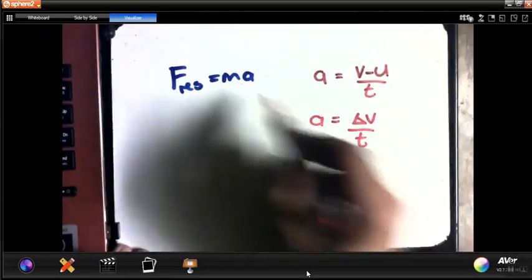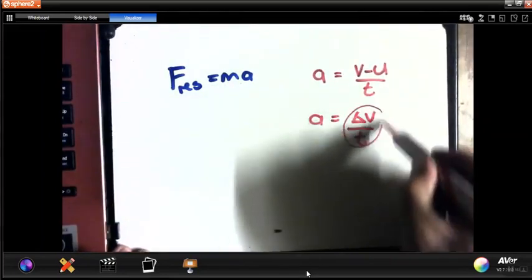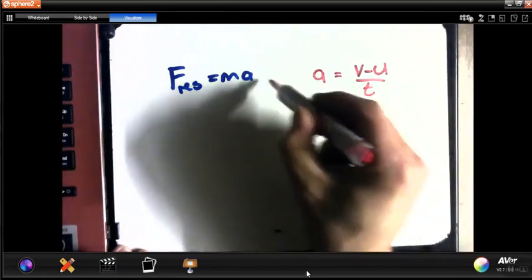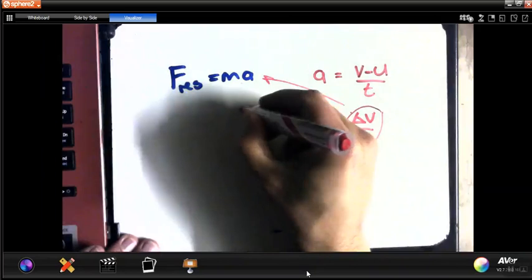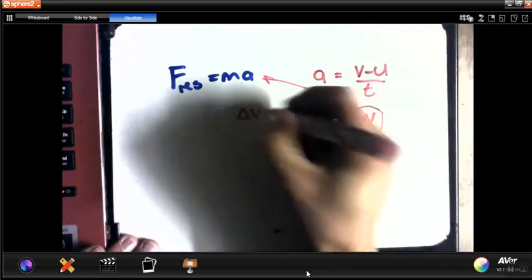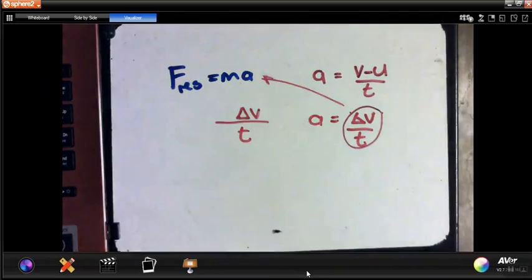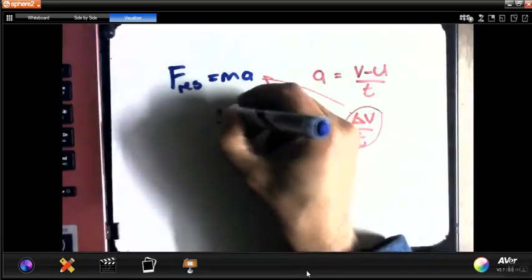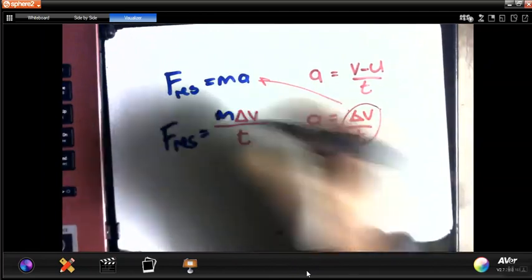Since acceleration is in both formulas, what would happen if I substitute that into there? If I have the change of velocity over time, then I'd still have my mass and my resultant force.